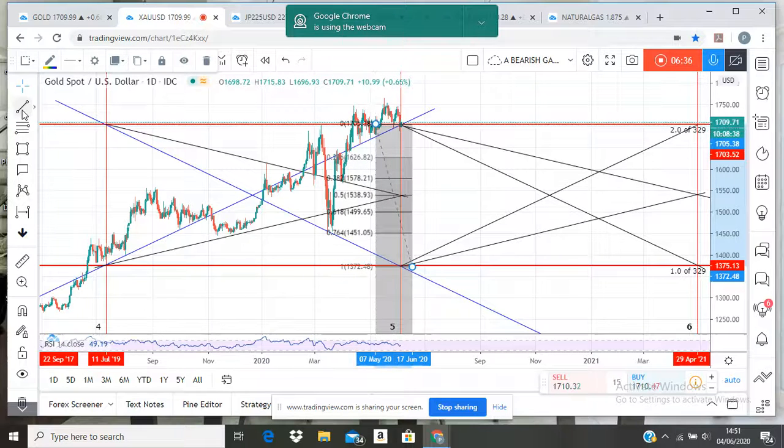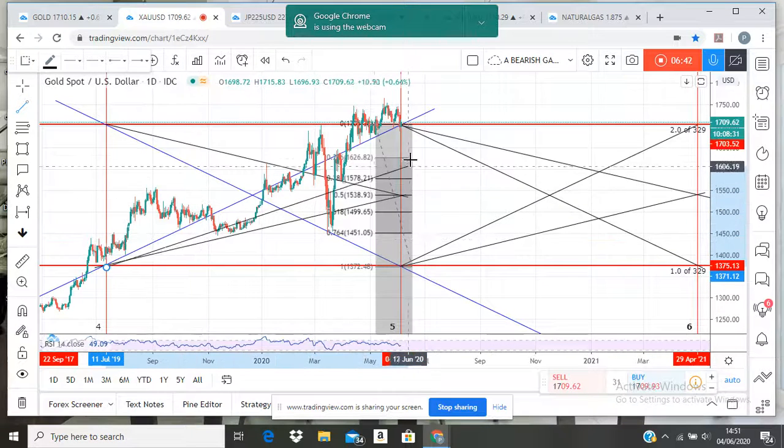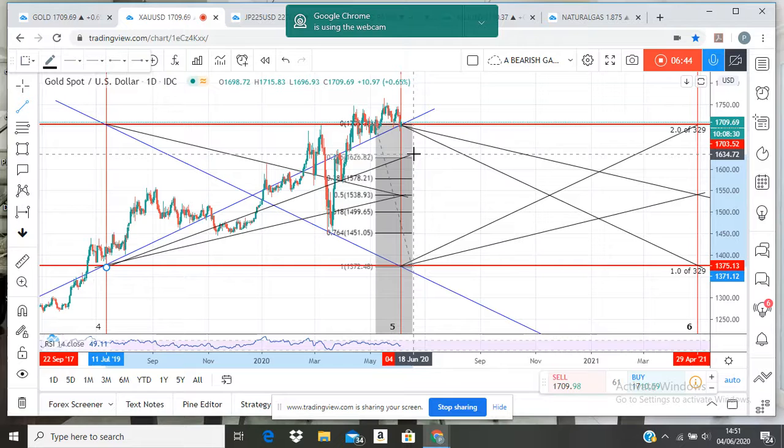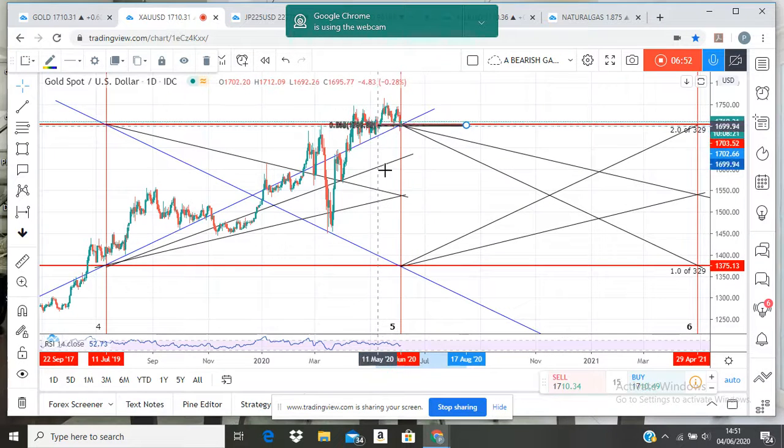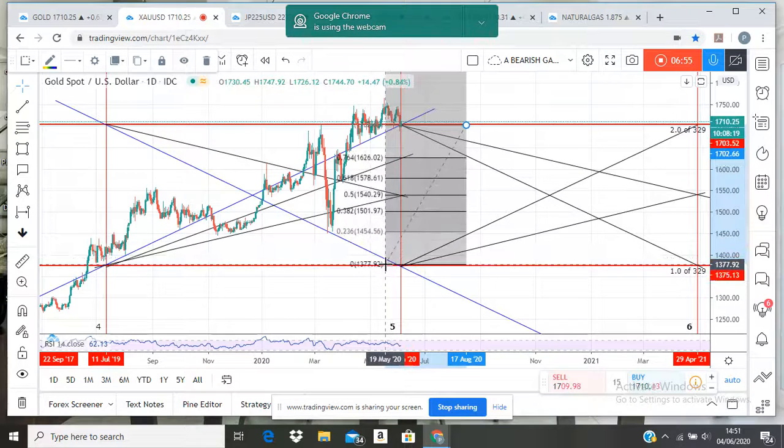I will draw also one more line, the 0.764 or the 0.283. I will take the 0 from here because this is the 0, the origin of the square. So the 0 is here. And then this is the 0.764 level.